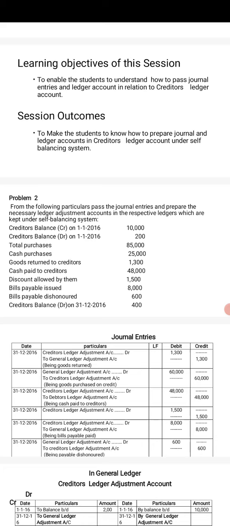Next, the given total purchases are rupees 85,000 and cash purchases rupees 25,000. Dear students, always keep in mind, when you are preparing the creditors account, we have to enter transactions only if the supplier supplies goods to the company on credit basis, that is, the company procures goods from the suppliers on credit.